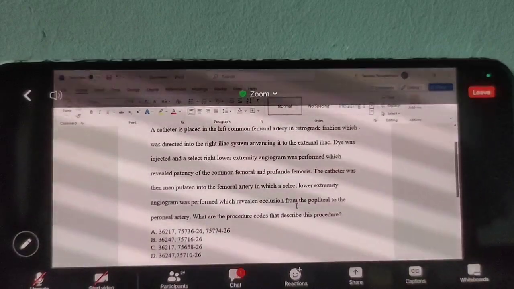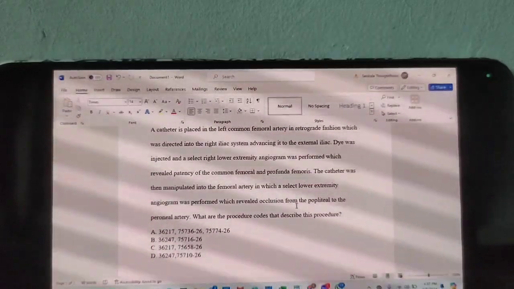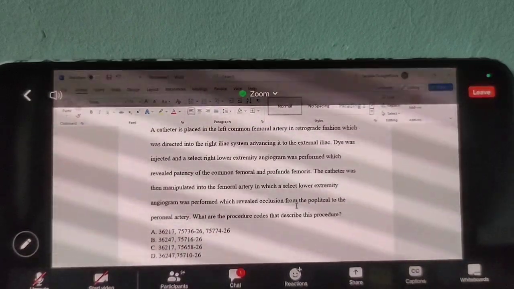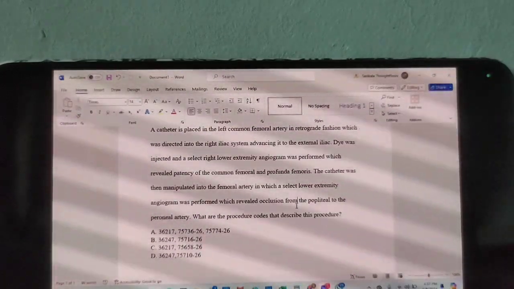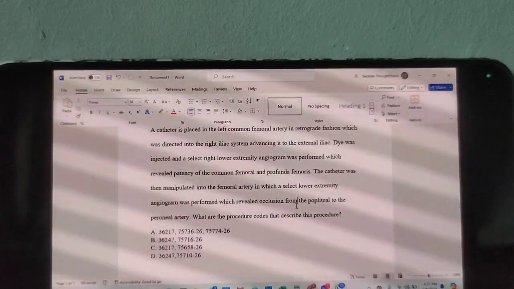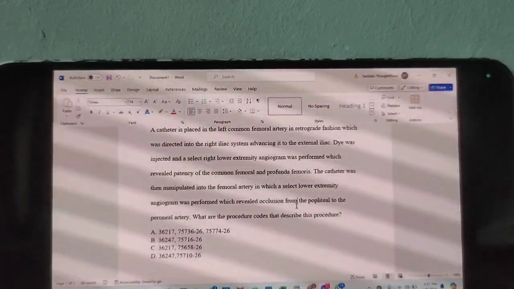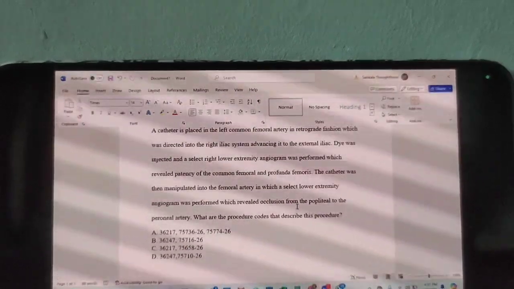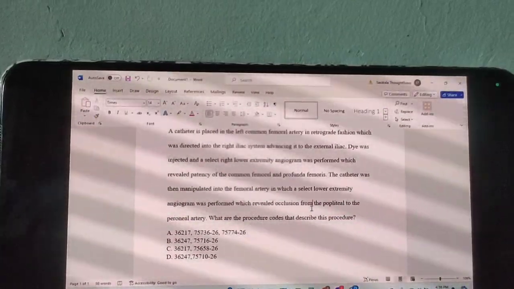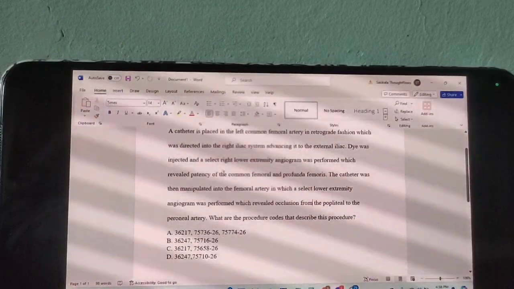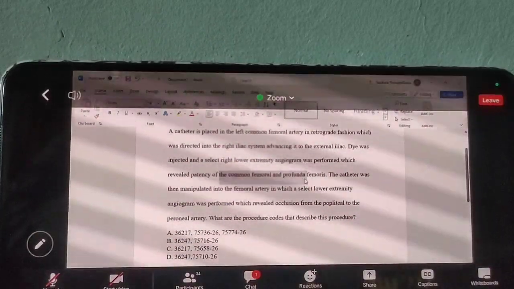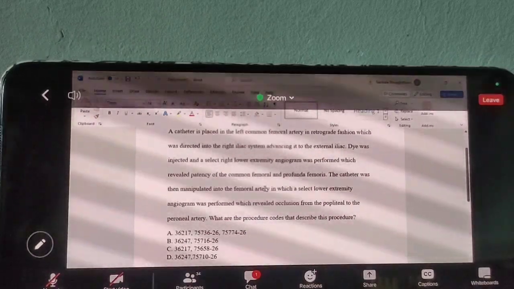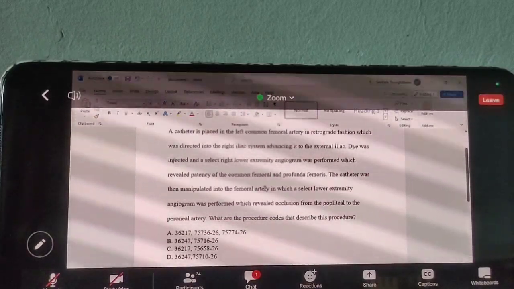Guys, actually I missed that page. One minute, I will share it. Common femoral, because patency is revealed at the common femoral and profunda femoris, and the catheter was manipulated in the femoral artery, which is a selective catheterization.